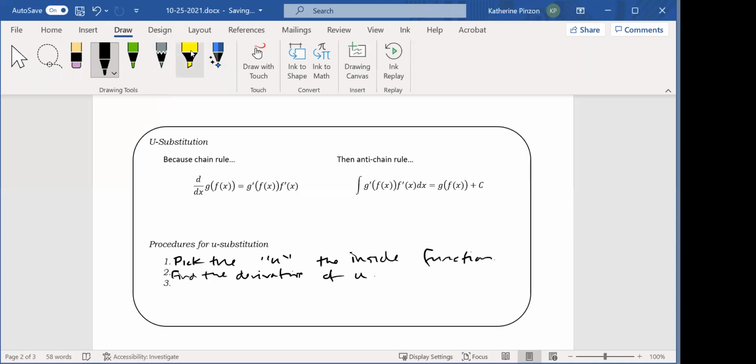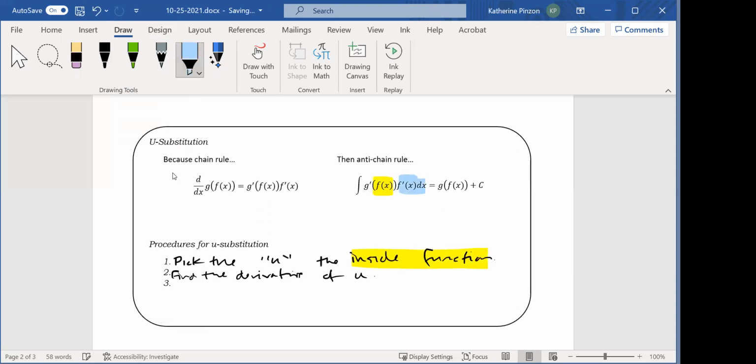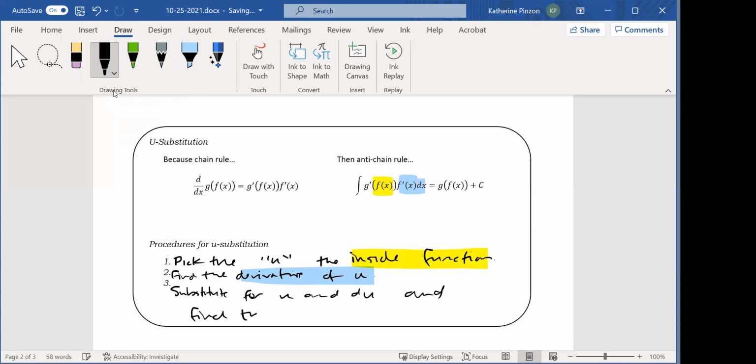Because remember, this guy is my u, the inside function, and this guy is my du, the derivative of that. Okay, so then I substitute, hence the U-Substitution, for u and du, and find the antiderivative.